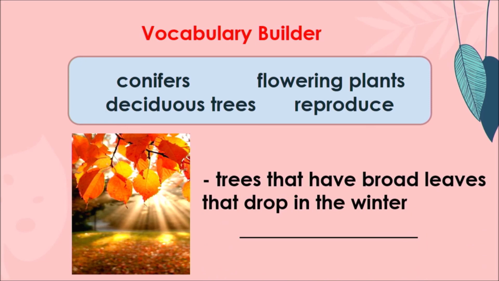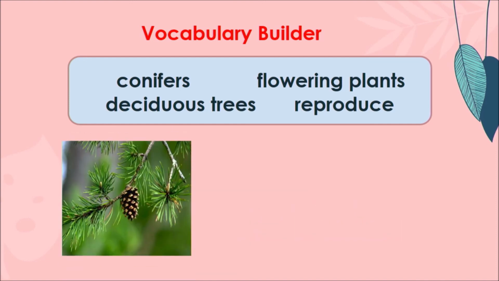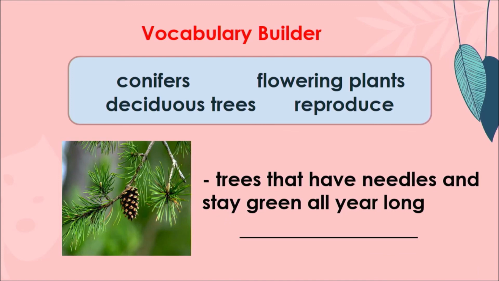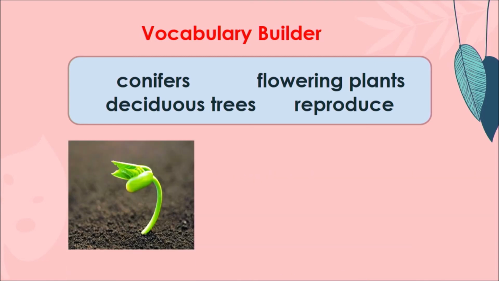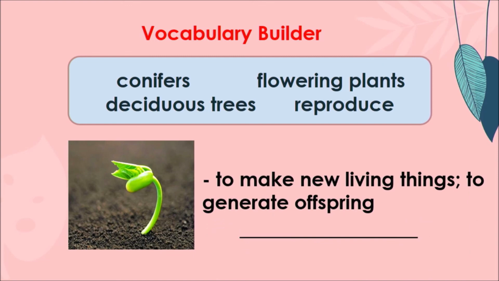Trees that have broad leaves that drop in the winter are called deciduous trees. Next, we have this picture. Trees that have needles and stay green all year long are called conifers. And then for the last one, to make new living things, to generate offspring, is called reproduce.